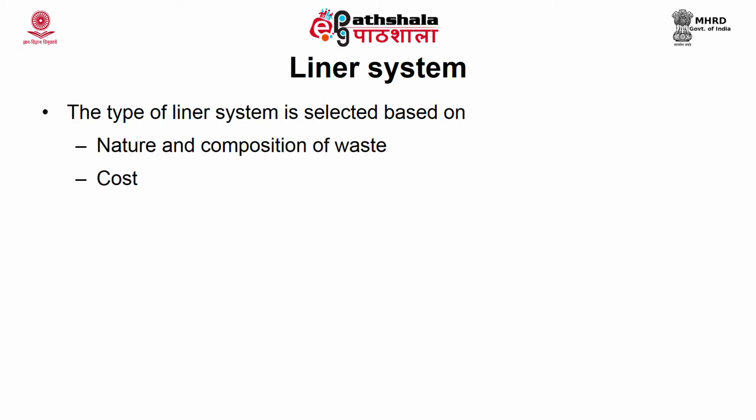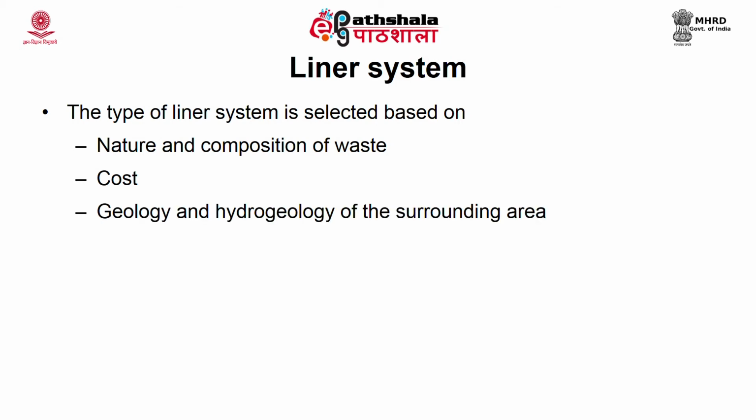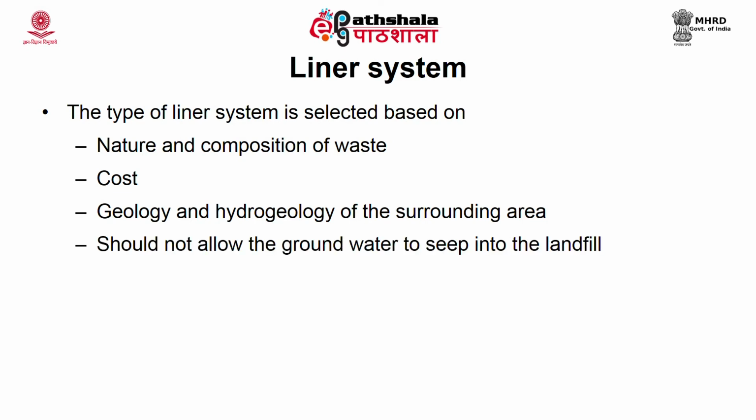And similar to liner material, you also have to look into the geology and hydrogeology of the surrounding area. You should also check that the liner system does not allow the leachate to percolate and enter into the groundwater. Also, the liner should ensure that the groundwater does not seep into the landfill, so that it will not generate more leachate.